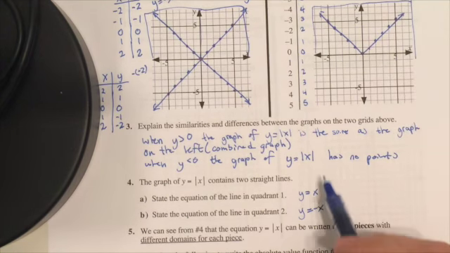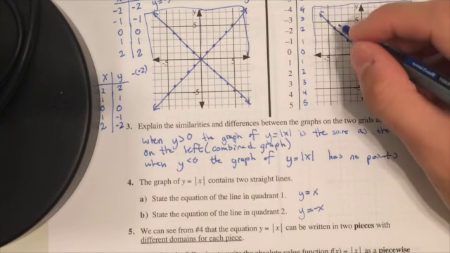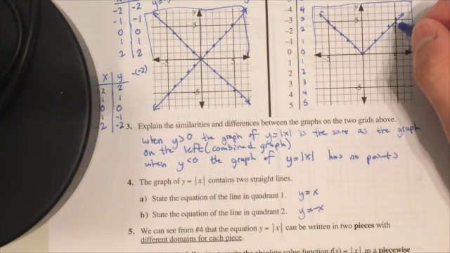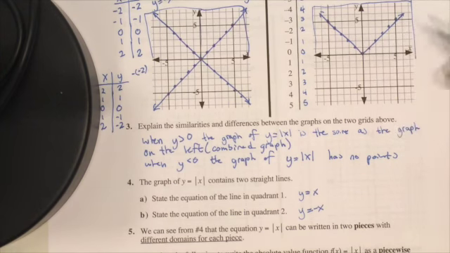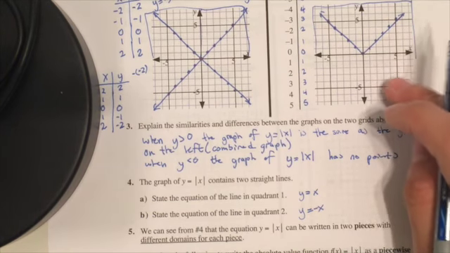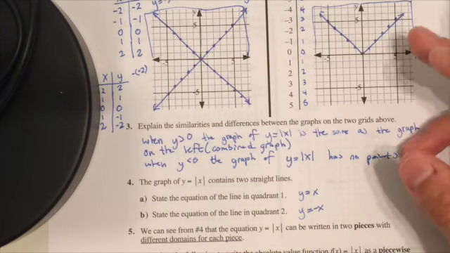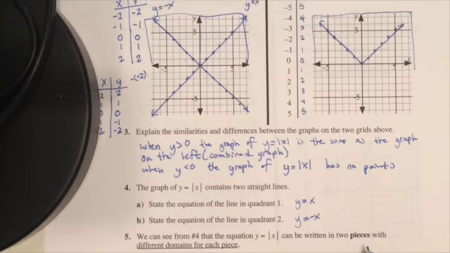And so when we have a graph that looks like this, it's actually made up of two equations, and it branches off at the x-intercept. This is what's called a two-piece equation, or a piecewise function, or piecewise equation. So we can see from this graph that the equation y equals the absolute value of x can be written in two pieces.